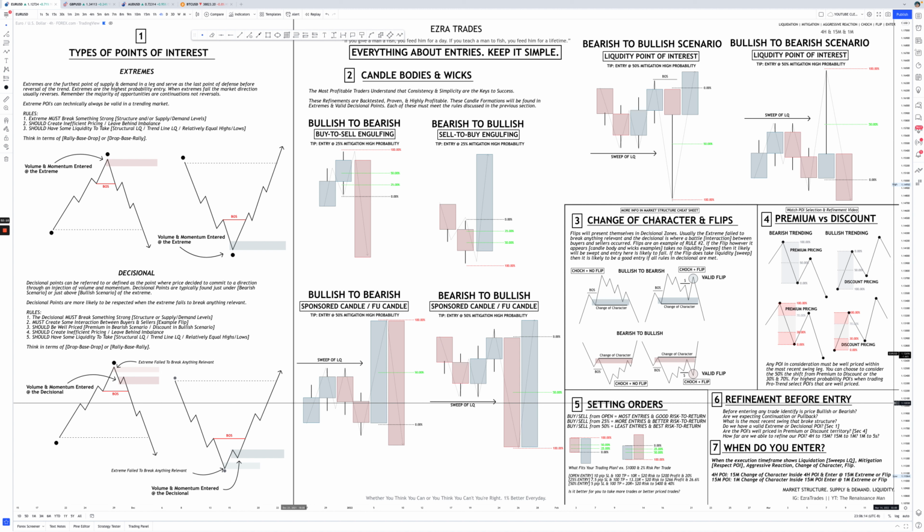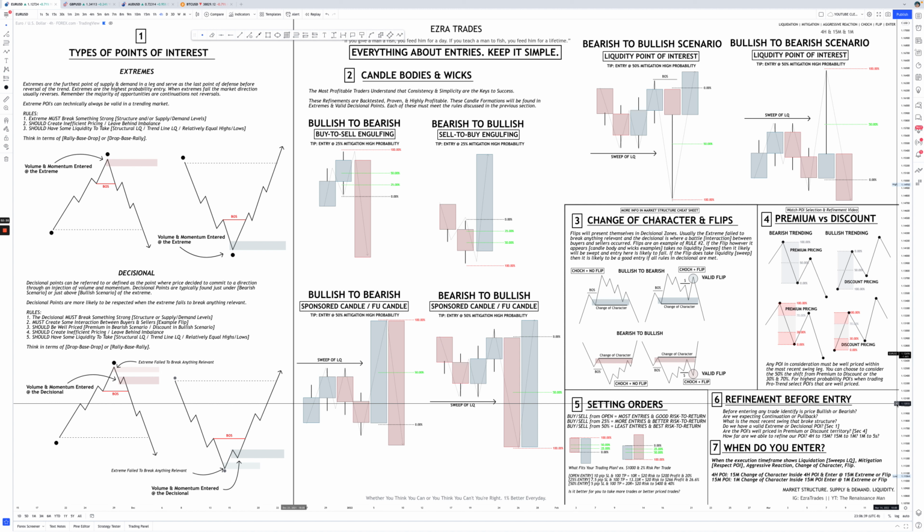What is the most recent swing that broke structure? This is how I mark my swing points. I have these dots here, right? And so that's important, just so that you keep in mind, what is the most recent swing that broke structure? Do we have a valid extreme or decisional POI, which is in section 1? Are the POIs well priced in premium or discount territory, section 4?